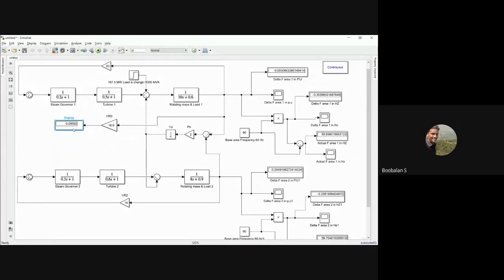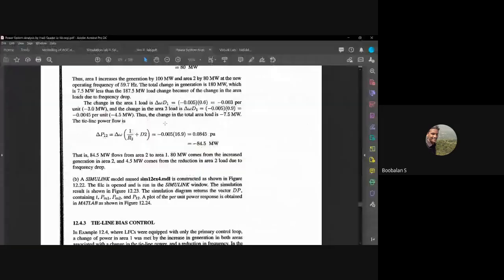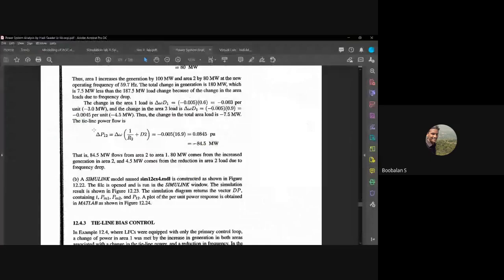Minus 0.0845, yes. And we need to convert it back into my original power, right? For the original power I need to multiply with my base MVA. This is my per unit value, 0.0845 in the form of per unit.